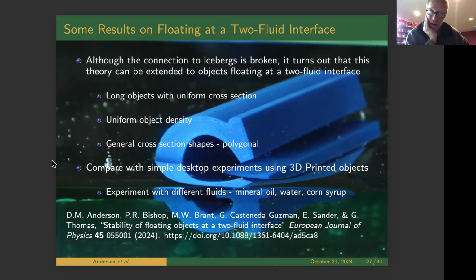For example, some experiments we did were with a water and oil interface, or corn syrup, or oil and corn syrup. Same setup in terms of the geometry of the objects.